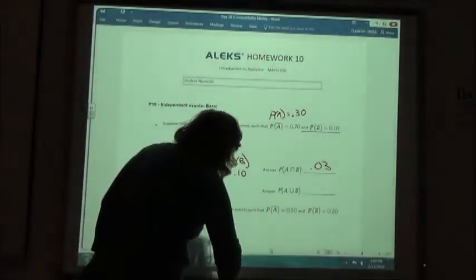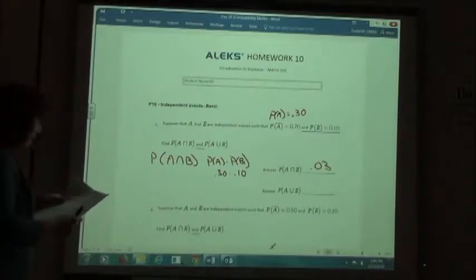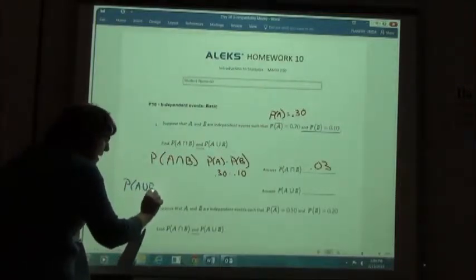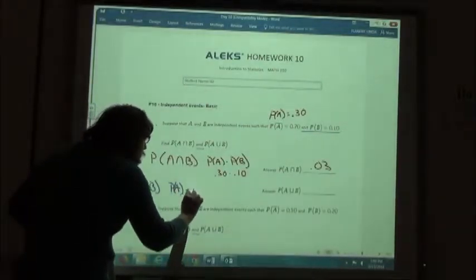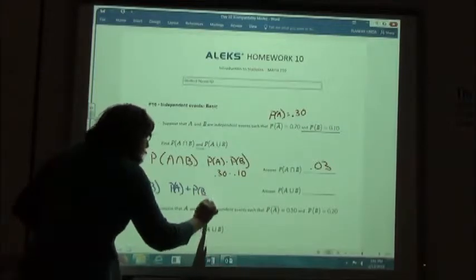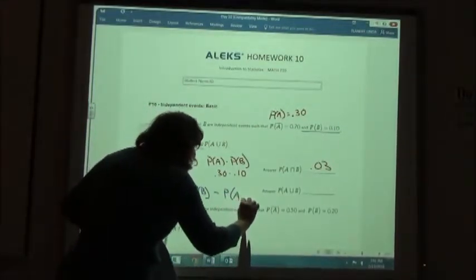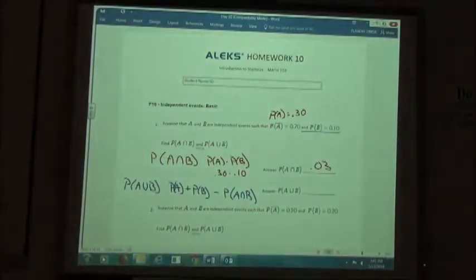The second part of that wants us to find the probability of A or B. If I'm going to find the probability of A or B, I'm going to do the probability of A plus the probability of B minus the probability of A and B. Smoosh that whole formula in there.